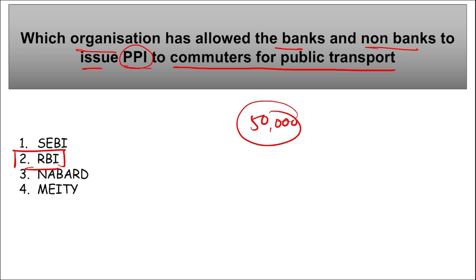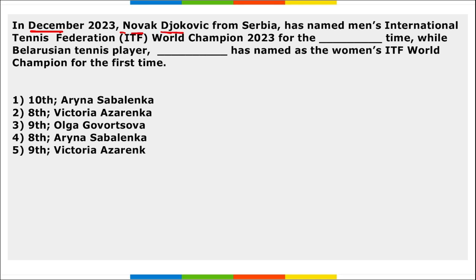In December, Novak Djokovic from Serbia has been named as the Men's International Tennis Federation World Champion 2023 for the 8th time, whereas Belarusian tennis player Aryna Sabalenka has been named as the Women's ITF World Champion for the first time.